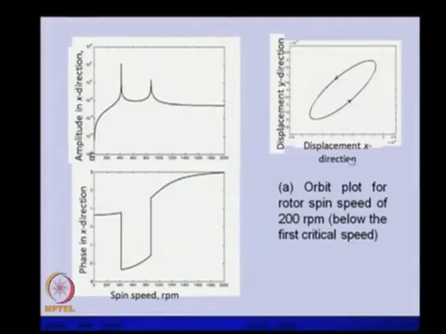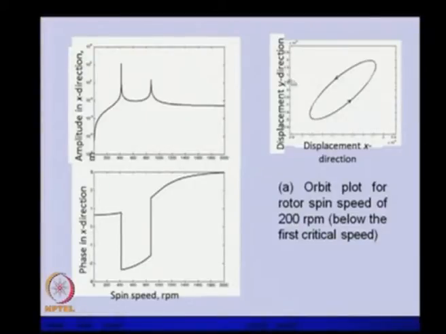That means in the vertical direction and horizontal direction, displacement can be plotted like this. In some instruments we can see the sense of rotation of this particular orbit using a z direction.